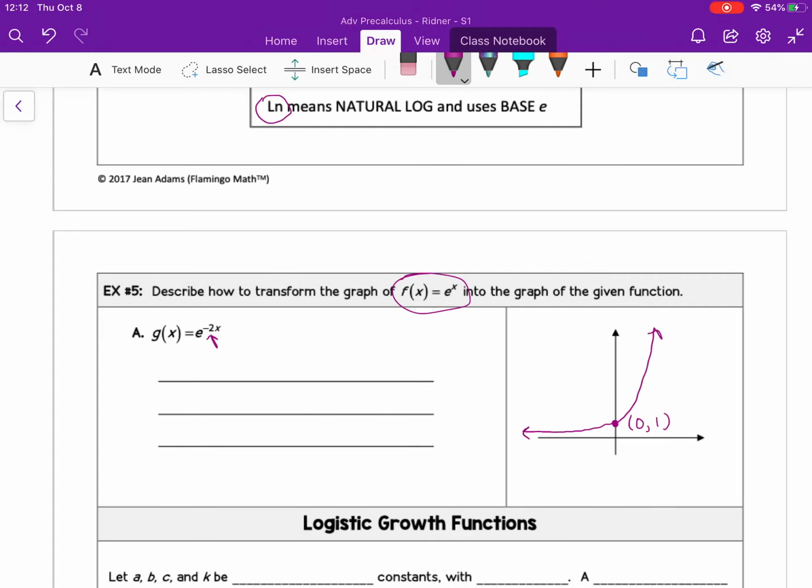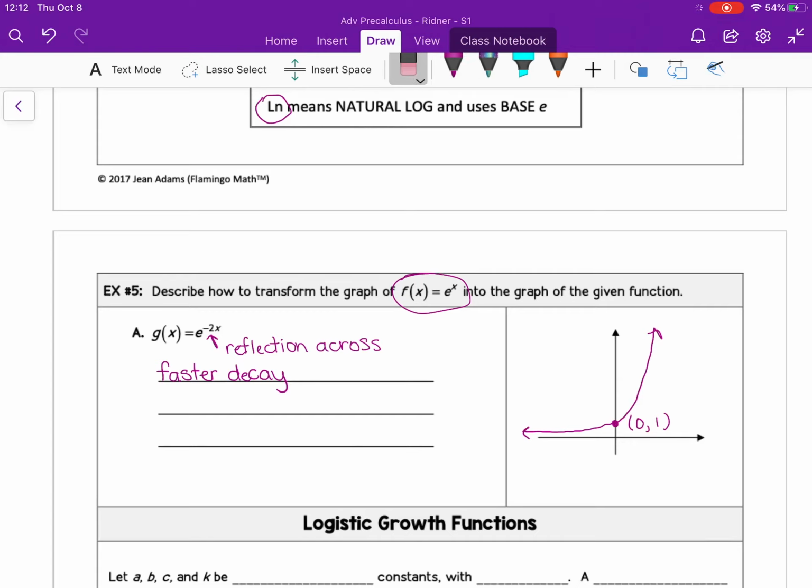So that's why it's similar. A negative in the exponent is a reflection across x. And so it's also going to be a little steeper, so we would say that it's a faster decay, because if I multiply something by 2, it's going to happen at a faster rate.